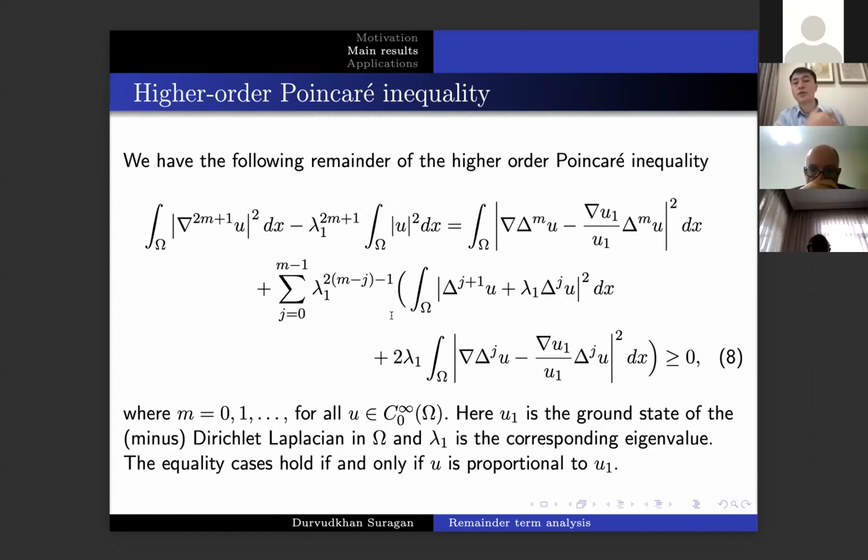So those algebraic relations imply, in the classical case, the remainder term formula for the higher order Poincare inequality. But if we pay attention closely, then we see that it's fine that we have the higher order case, but everywhere we have the L2 norm. So it gives us the remainder formula for the L2 Poincare inequality.